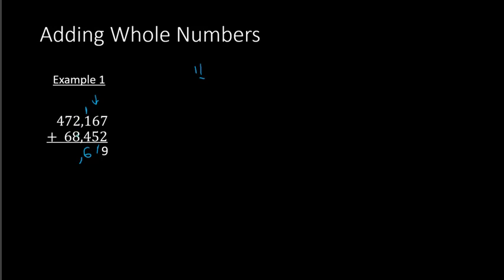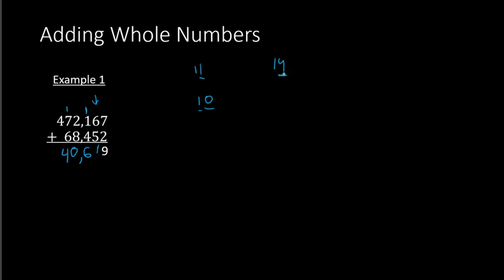So now we have 2 plus 8, that gives you 10. So when it gives you 10, you take the 0, put it down here, and the 1 remaining you put up here on top of the 10,000s column. And then we add again. So now we add the 1, 7, and 6. 1 plus 7 is 8. 8 plus 6 is 14. So we take the 4 from 14.